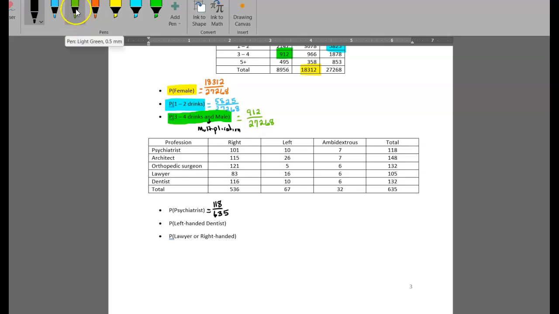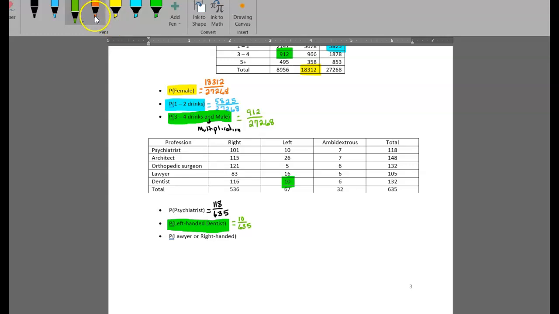This is actually an AND probability again, because we have left-handed and there being a dentist. Remember that the word "and" can be implied. So we want a left-handed dentist, so there's 10 of these people out of the total, so 10 out of 635.